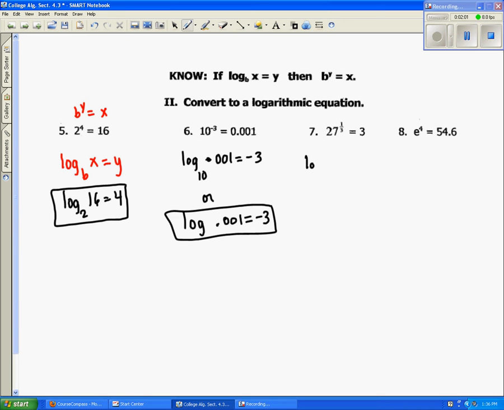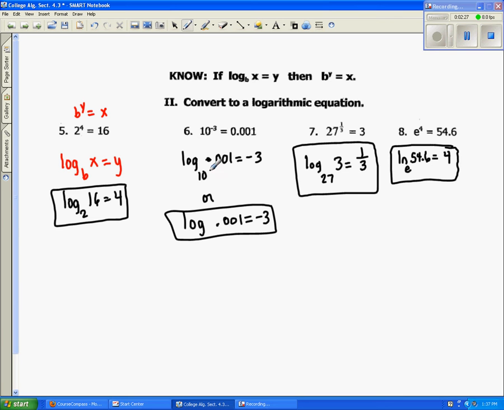Number 7, if we have 27 to the 1/3 equals 3, converting it to logarithmic form gives log base 27 of 3 equals 1/3. And the next one is going to be, since it's an e, we work with natural log of 54.6, that has a base of e, equals 4. Natural log base e of 54.6 equals 4.